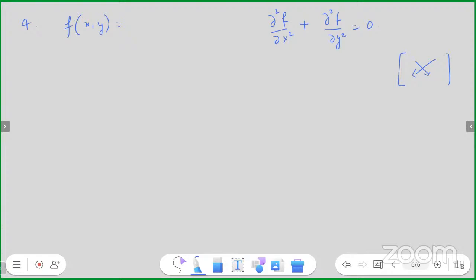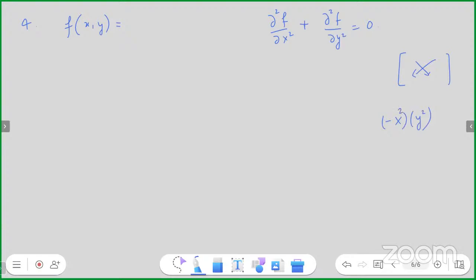What happens to minus x times...? What should I do? What will happen here?